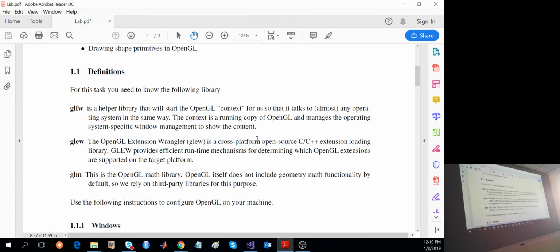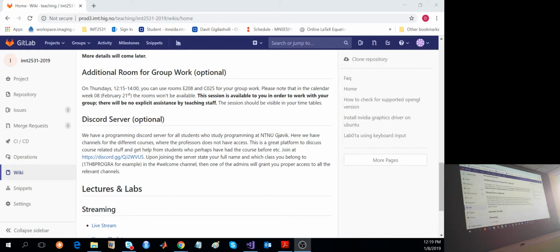And one question: does everyone have this file, the instructions? I saw some of you signing up for the GitLab, but not everybody. If you still have not signed up for it, please do so, because the resources are here. If you scroll all the way down the wiki, here is a presentation from yesterday, and here are the lab and main CPP file that you will need today.